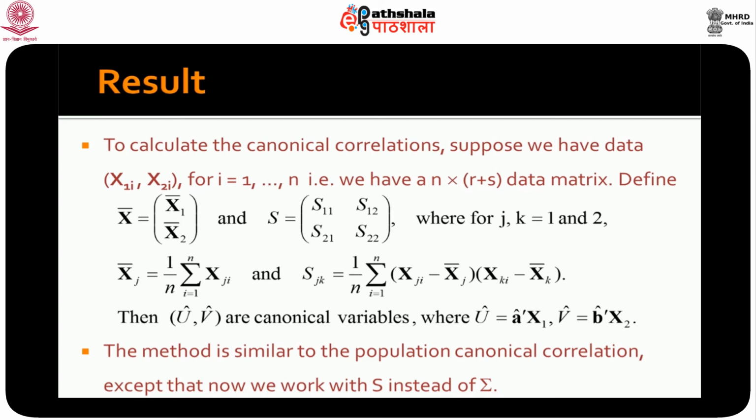So we will not be discussing it here, only that instead of starting with sigma, we now start with the sample correlation matrix and follow the same technique and get the sample canonical variable combinations and the sample canonical correlations.